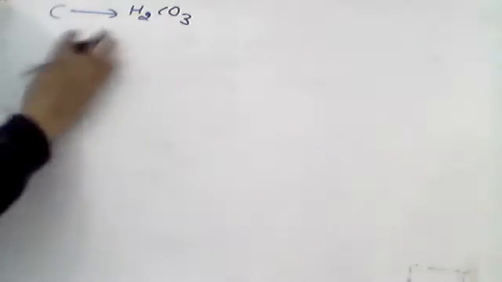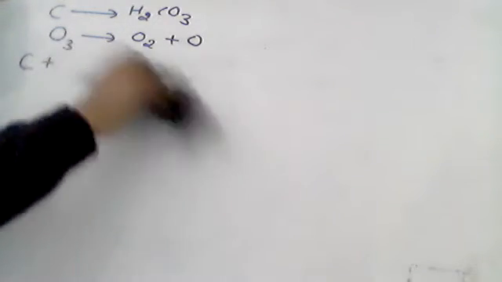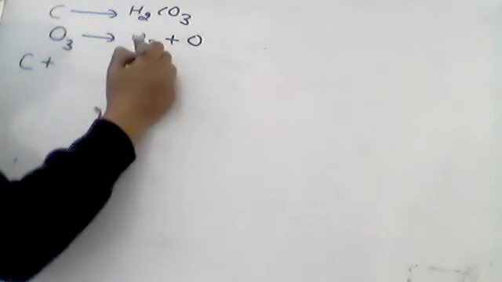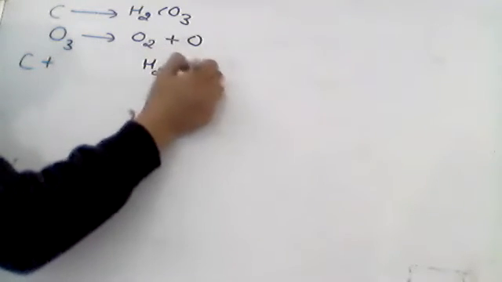And the first reaction, this one you will do. Directly you can do it, or with me you can do it. I will split up. O3 gives O2 plus nascent oxygen. Carbon, we are going to add the nascent oxygen. It will give carbonic acid. Just wait, I wrote wrong. Carbon will give carbonic acid, H2CO3.